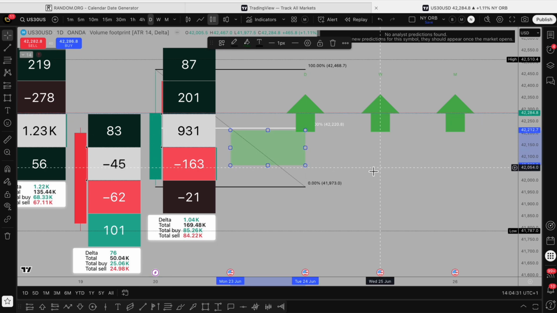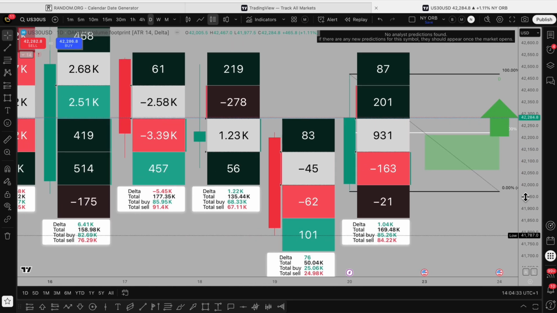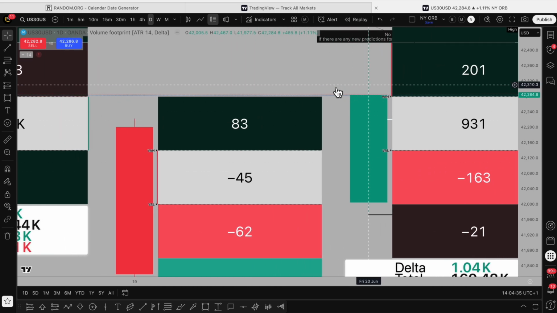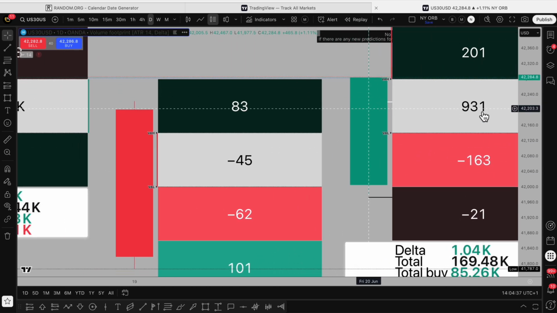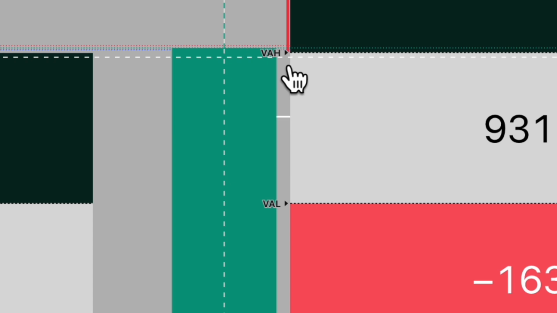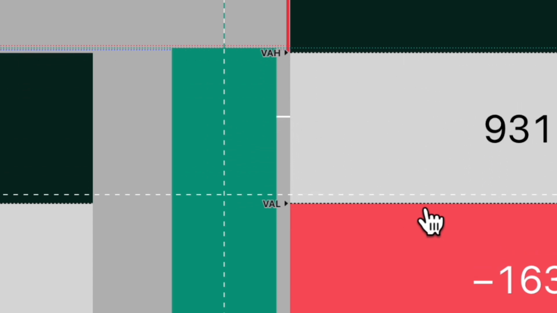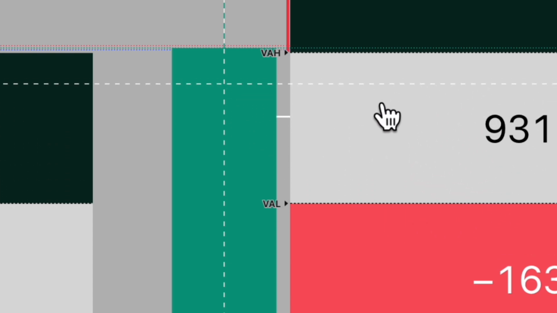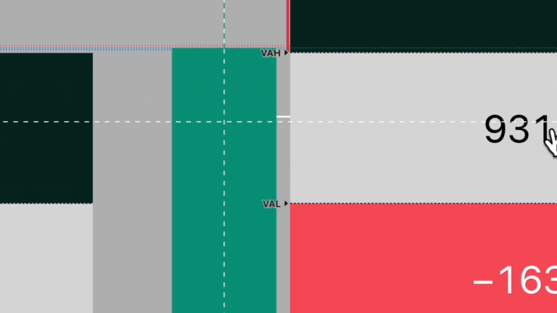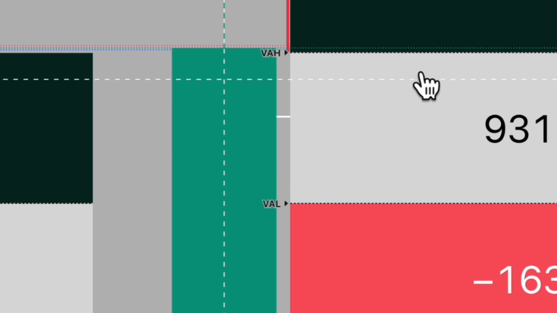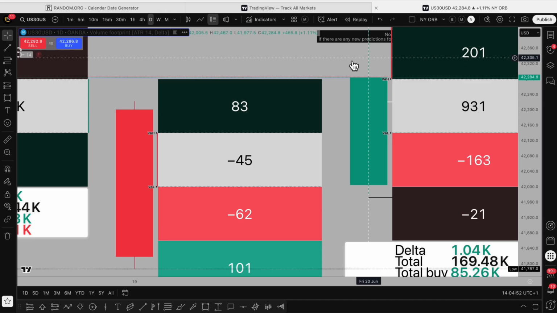I will just do this and zoom in. If you can see there, there's 931. Just at the top, there's a VAH and a VAL. This is where the most volume was traded. This 931 is just a delta, but this is where the most volume was traded during this session.